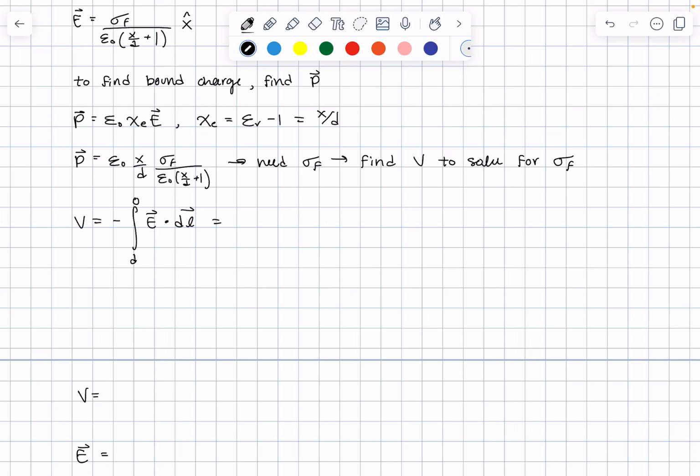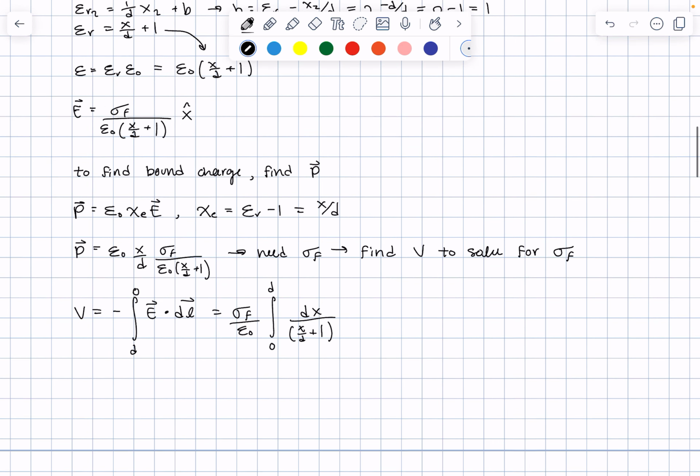And we can just bring this out and rearrange it. Our free surface charge density over epsilon naught. And I'm going to just switch our limits so that we can get rid of that negative. So instead we'll be going from 0 to d, and we'll have dx over x over d plus 1, so our dl becomes dx.